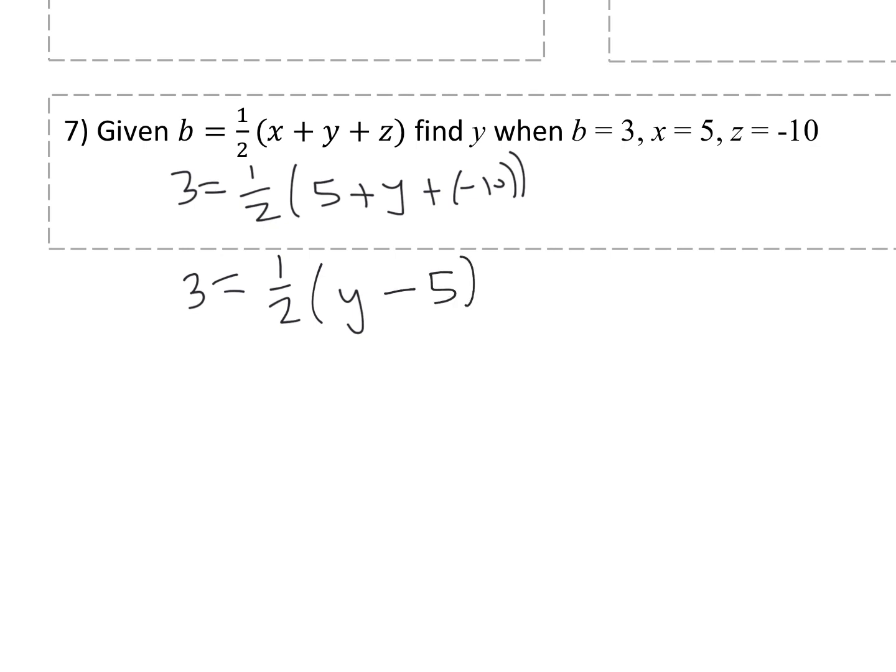A few things you can do with that equation. Probably best just to expand the bracket because we know how to do that. If we expand the bracket, we're doing a half times y, which is a half y. We're doing a half times minus 5, which is minus 2.5, or minus 5 halves. For solving that equation, you'd want to add 5 halves to both sides.